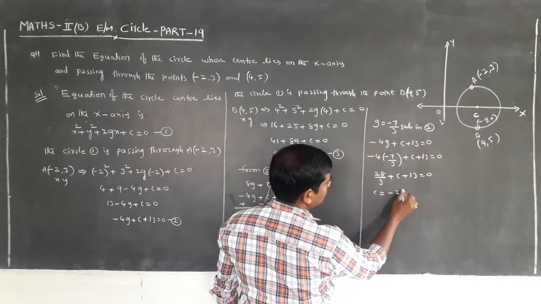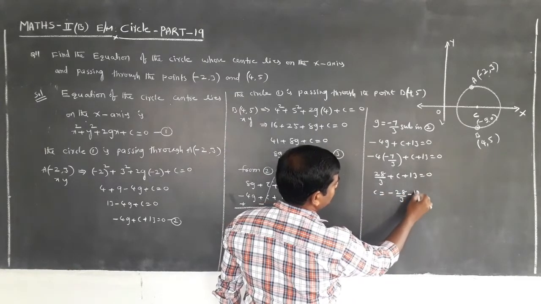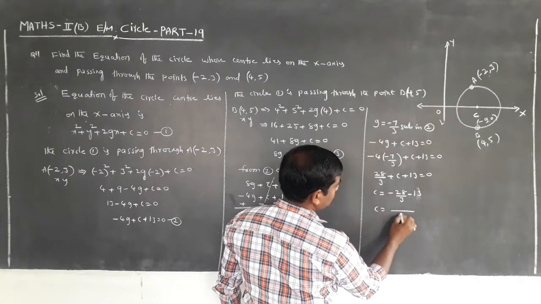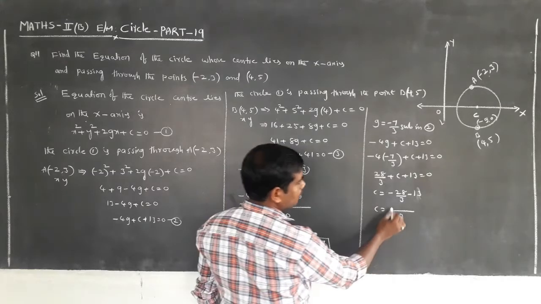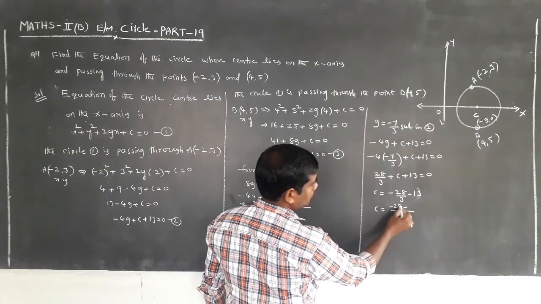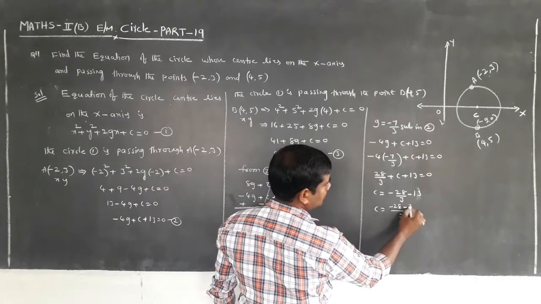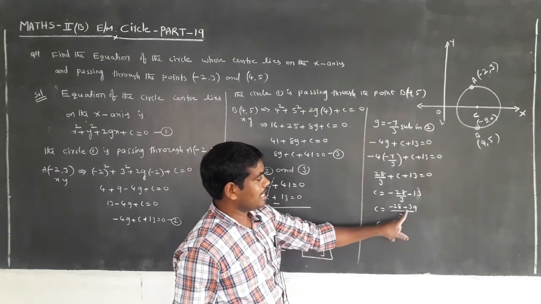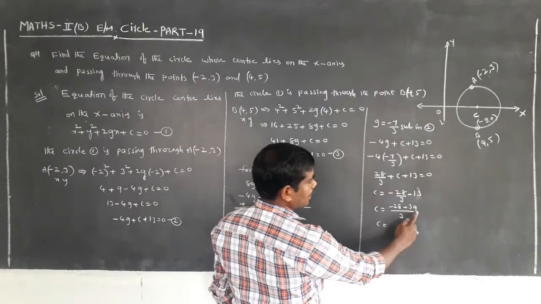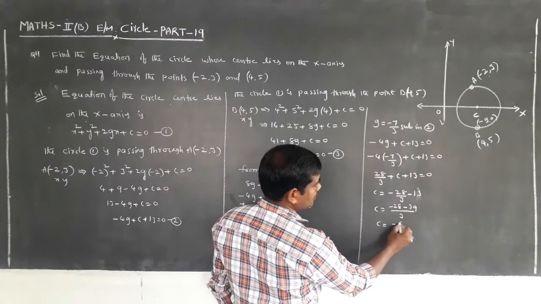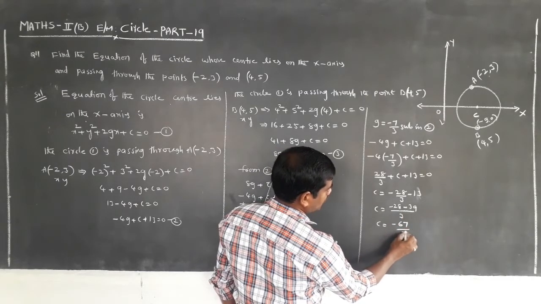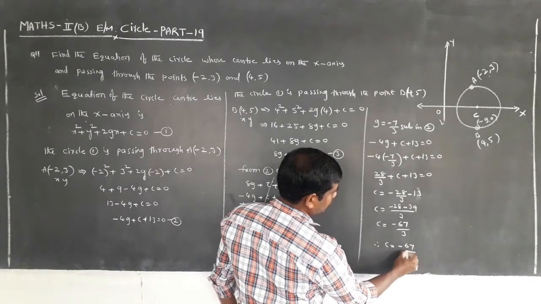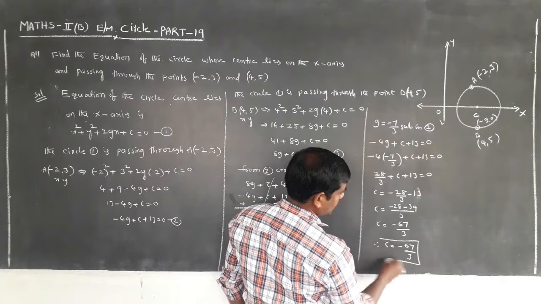So c is equal to minus 28 by 3 minus 13. Taking LCM 3: minus 28 minus 13 threes are 39. So c is equal to minus 28 minus 39, that is 67 by 3. Therefore, c is equal to minus 67 by 3.